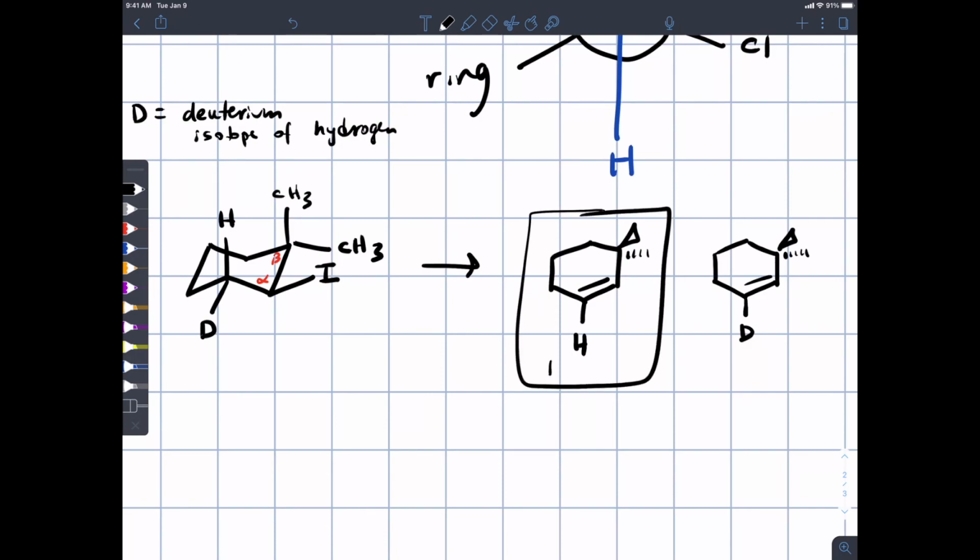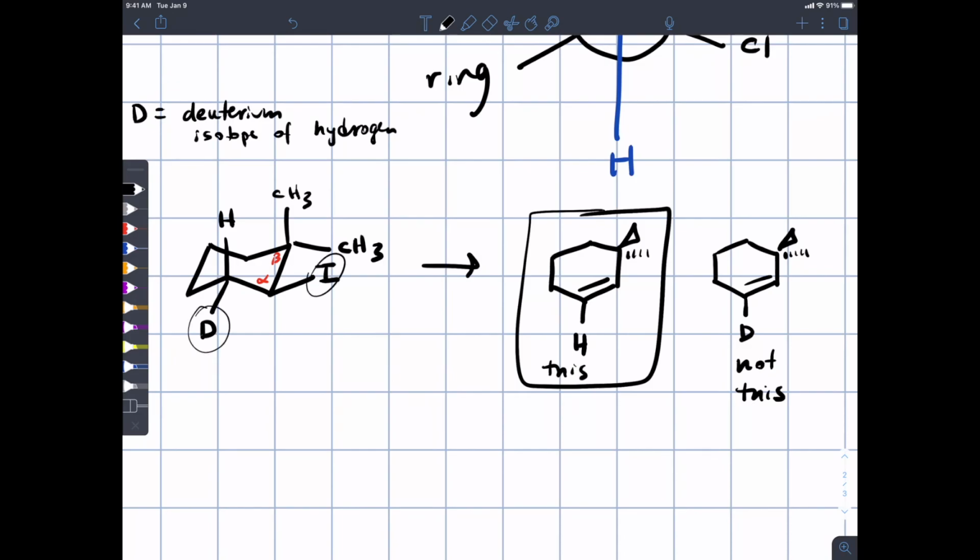First one. Why? You're correct. Why would that be? Yeah. Because the deuterium is anti to the halide and nucleophile.